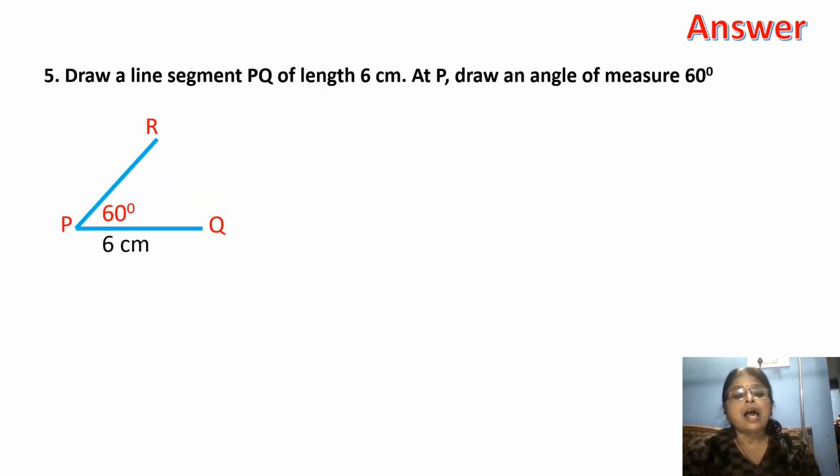Students, as I said earlier, first you draw the 6 centimeter line segment, and then with the help of a protractor you draw the angle of 60 degrees. The method is given here. With the help of this method you will draw it.